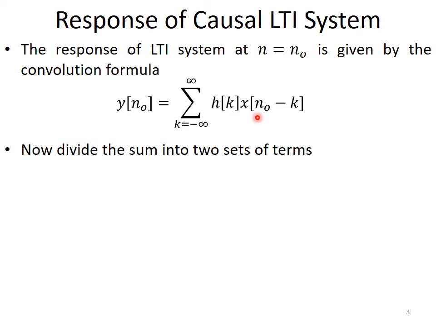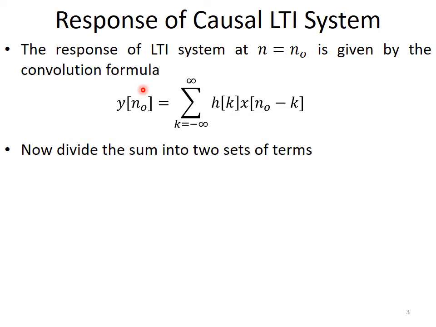You can see this summation is from minus infinity to infinity, so it includes the time intervals from minus infinity to 0 and from 0 to infinity. So we can divide this summation into two sets of terms: one from minus infinity to minus 1 and another from 0 to plus infinity.